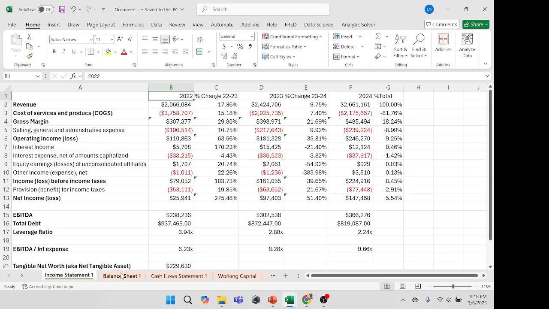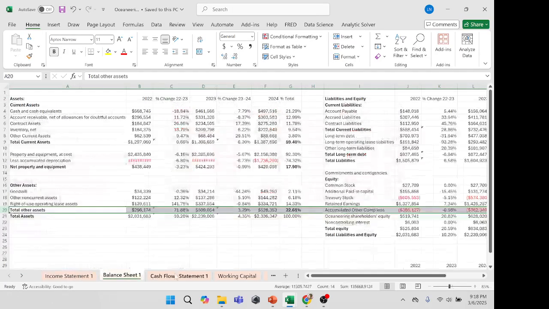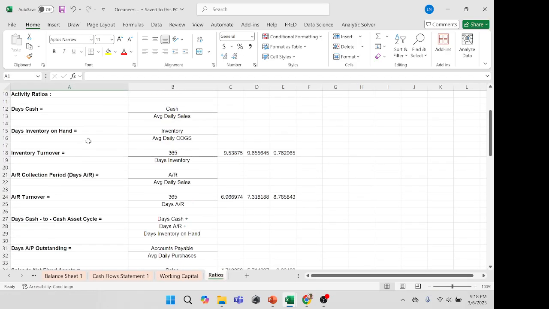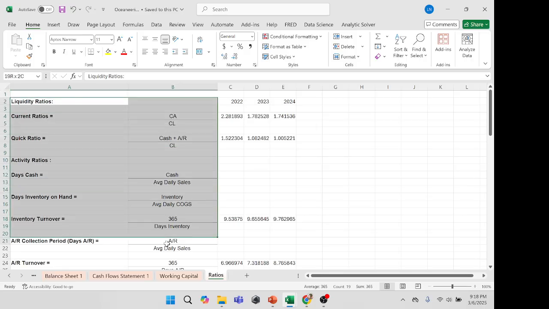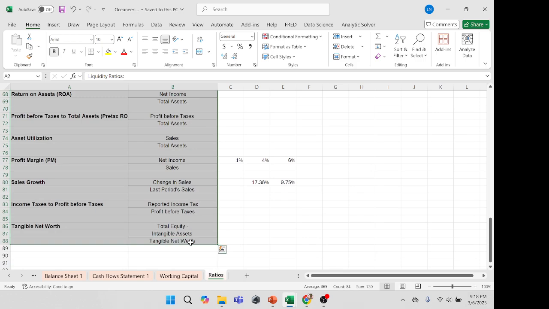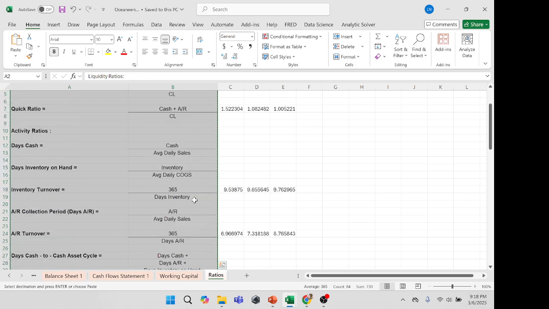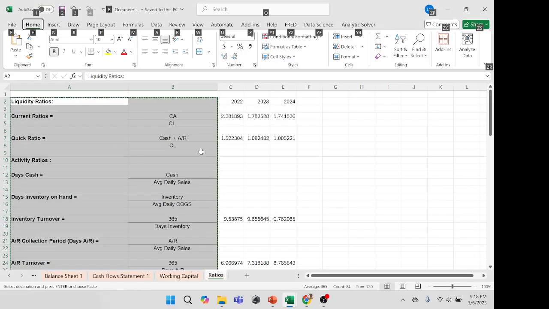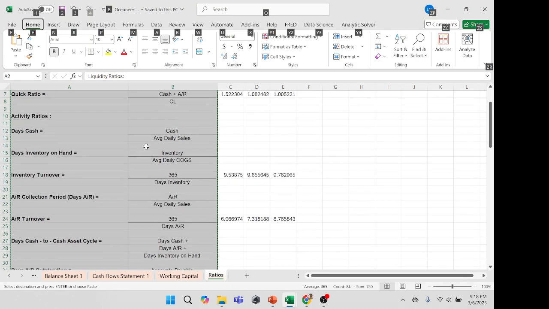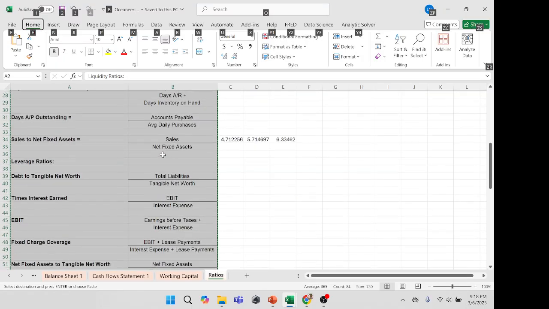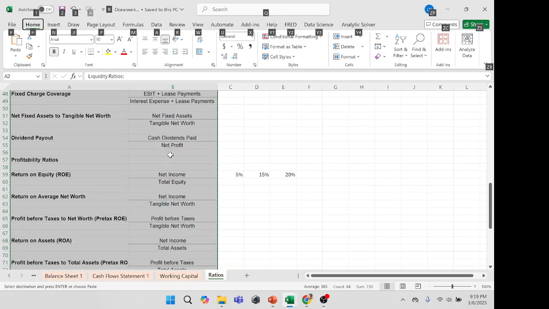Okay, so this is the financial ratio that is commonly used. I would provide it to you guys, but for the meantime you can just copy this. I'll scroll down very slowly so you can see it.